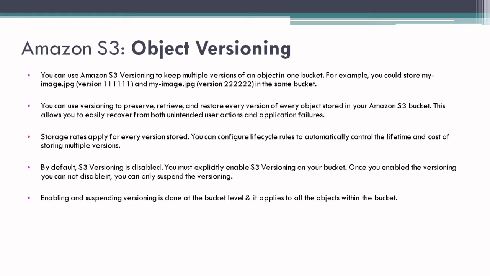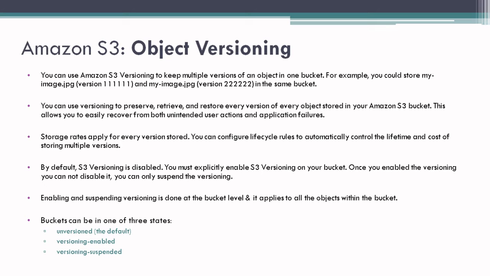So buckets can be in one of three states: unversioned, the default one, versioning enabled, and versioning suspended. First, when you create a new bucket, it is unversioned, that is the default state, and when you enable versioning, it goes to the versioning enabled state.